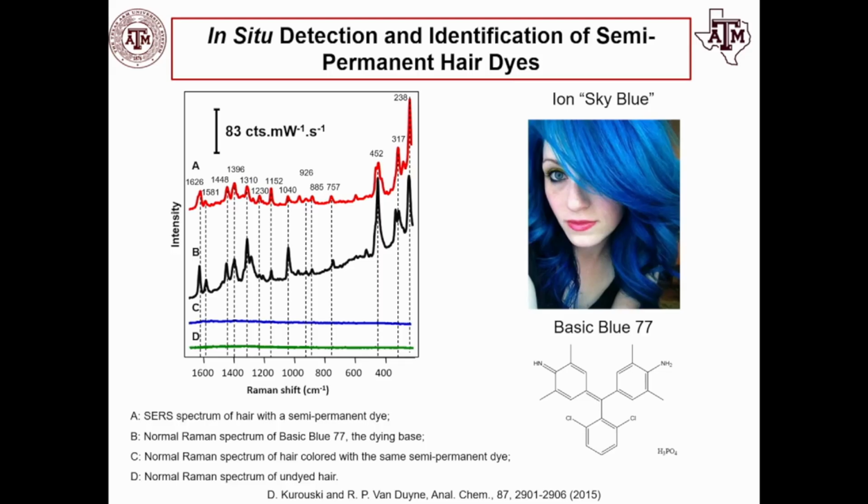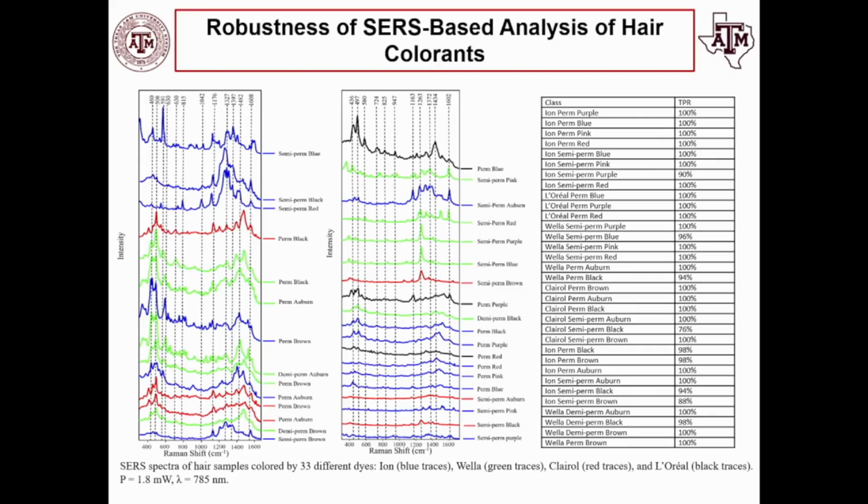And of course, someone can say, well, that's great, but how specific is Raman spectroscopy? To answer this question, my student Samantha Higgins acquired spectra from over 30 dyes. And as you can see, vibrational signatures of these colorants on the left.